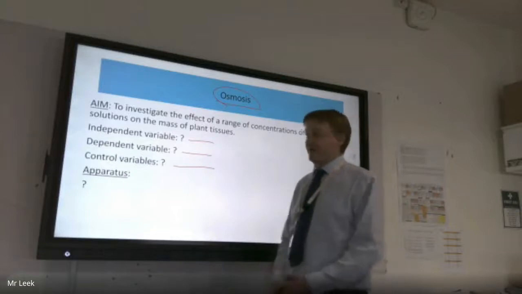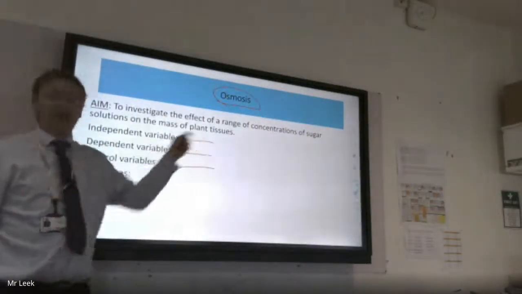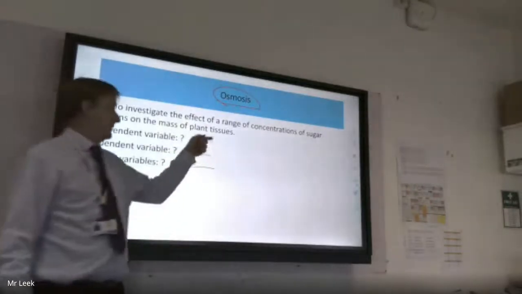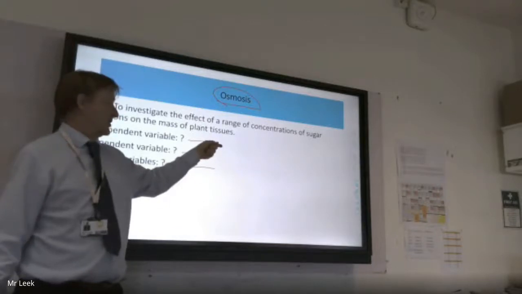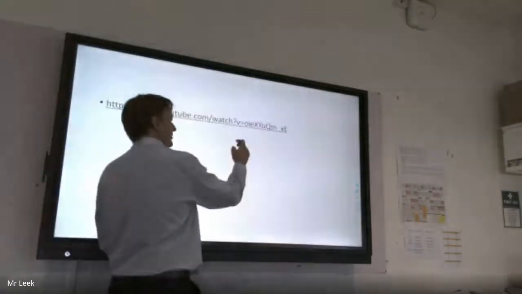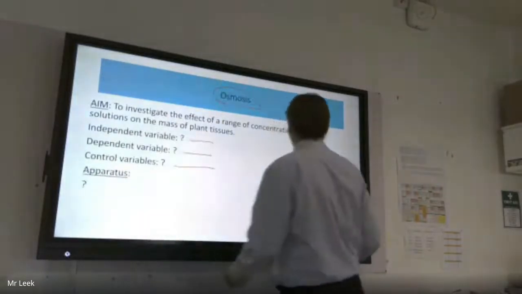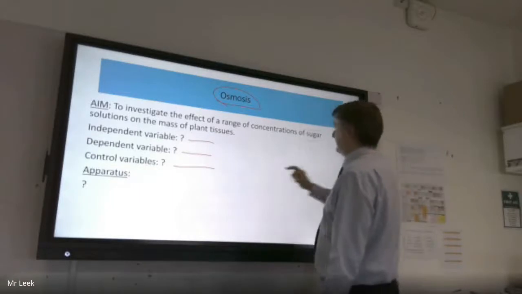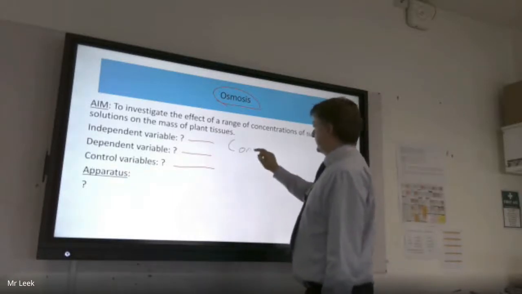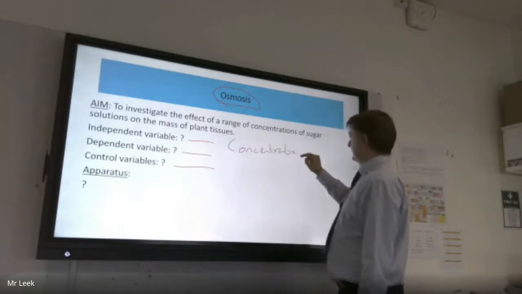Now you should all have this written down. Independent variables are what we change. So what we're changing between each one is the concentration of sugar.